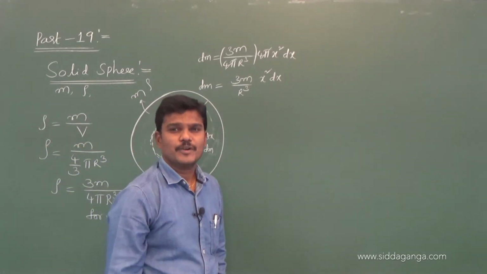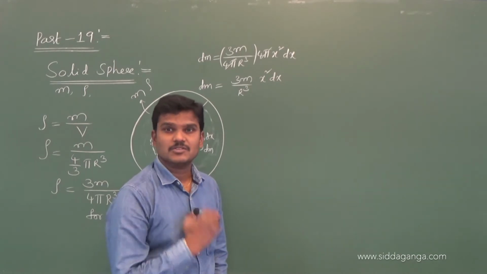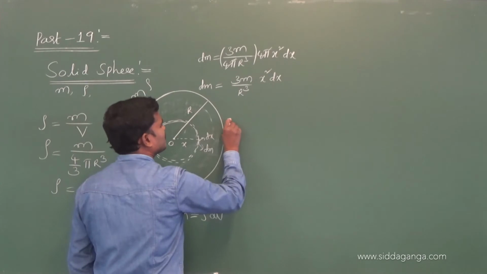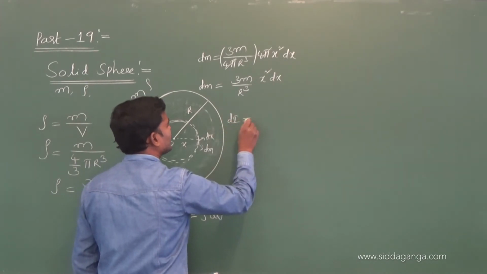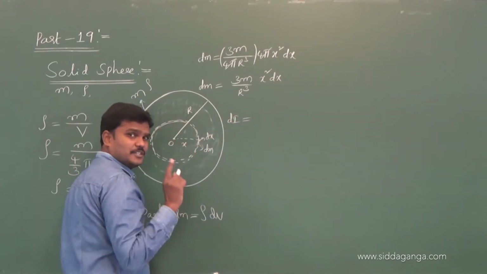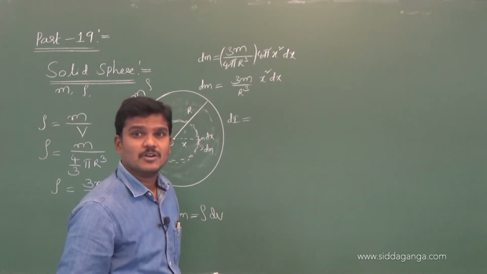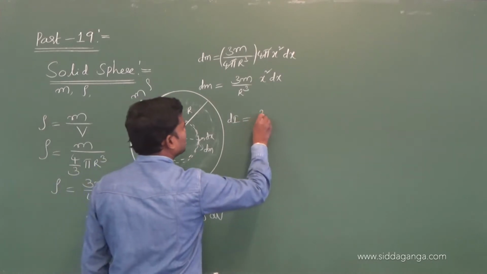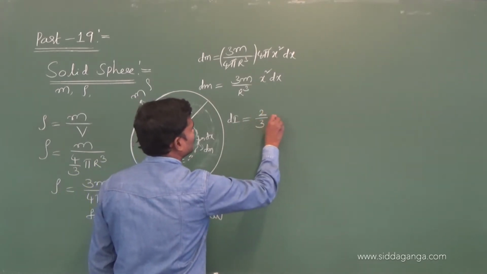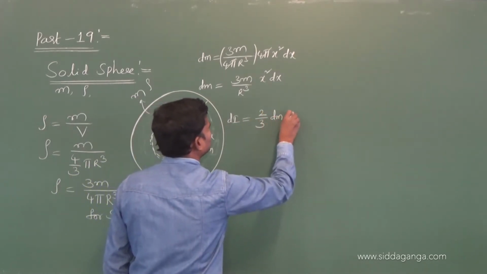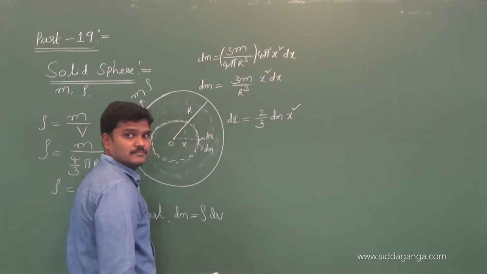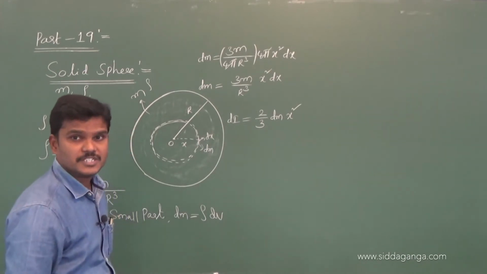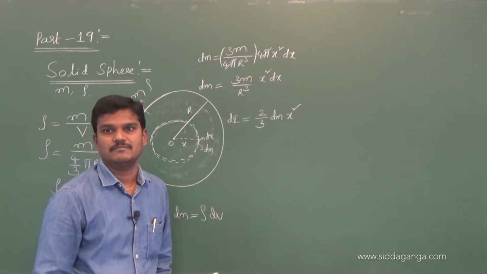Then the target is to find the moment of inertia of this solid sphere. For the small part, this is like a hollow sphere. I think you remember the moment of inertia of the hollow sphere is 2 by 3 mr square. So dI is equal to 2 by 3 dm x square, where R is nothing but x.